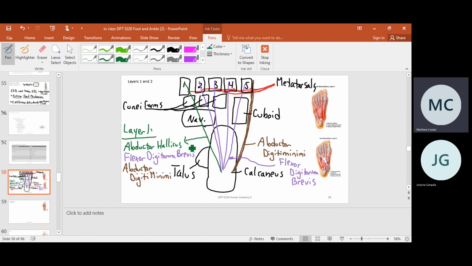So the big thing I need to understand here as well, and this will get into a little bit of the nerve supply, obviously the bottom of the foot, is that a lot of these muscles are going to be innervated by 1 of 2 nerves. We really only have 2 main options here: medial plantar nerve and lateral plantar nerve. Now, this is what makes it a little more difficult.